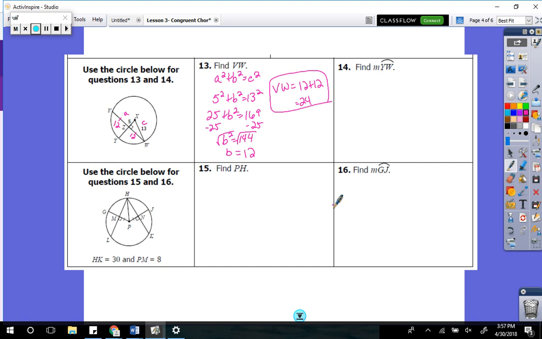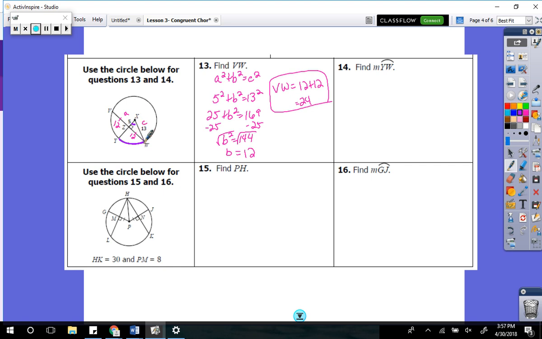Okay. Now we're going to find the measure of arc YW. Because we're looking for an arc, which is an angle measure technically, if we look at YW, we're looking at this one right here, which is essentially this angle measure in here.